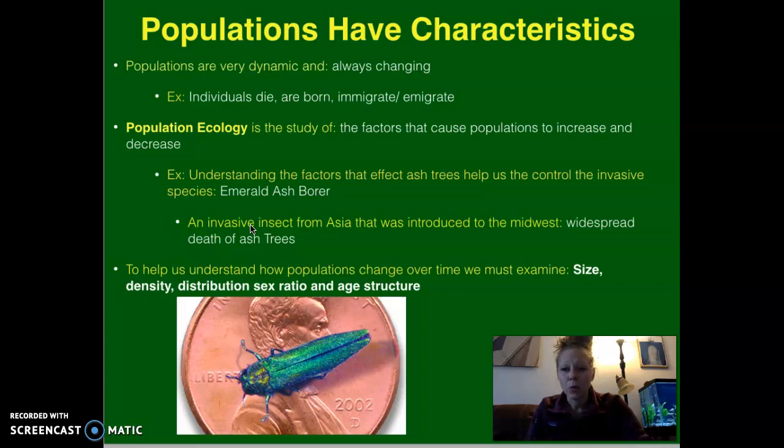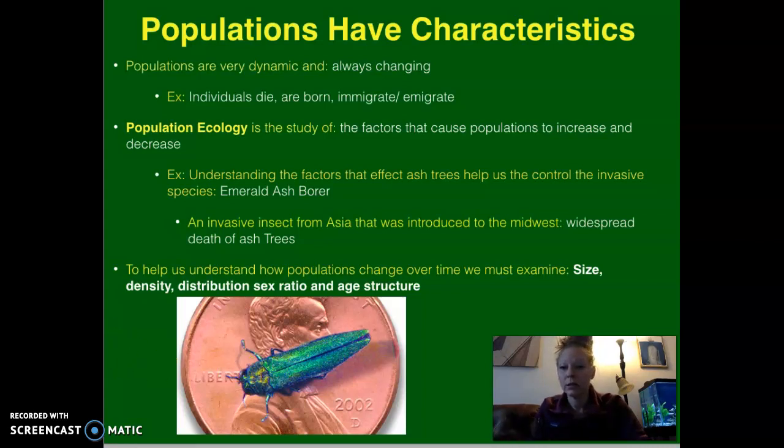And so one example of an invasive species is the emerald ash borer, which is actually pretty beautiful, but it is the immigration of this emerald ash borer into our ecosystems, our forested areas, that is now devastating the ash tree populations.